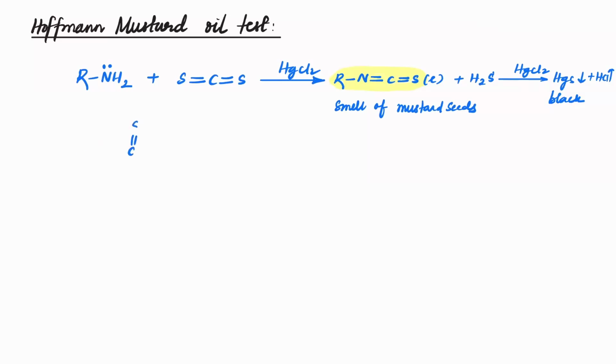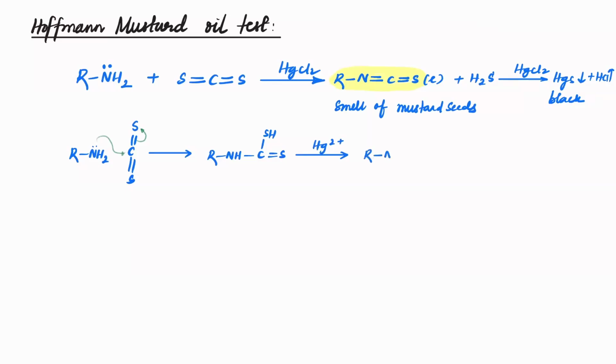Mechanism wise it is simple. CS2 with RNH2: the lone pair from here will attack and open the bond here. So we shall get RNH-C(SH)=S. And as you react with Hg2 plus, HgS will get precipitated.